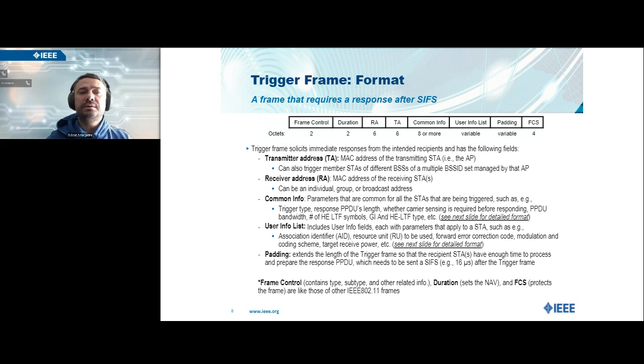In the user info list, instead, there are parameters that only apply to a certain station, and that particular station is identified by its association identifier that is contained in the user info field itself. The resource unit that needs to be used for including the PSDU within the PPDU that is being generated, and other parameters such as forward error correction code, modulation and coding schemes, the target received power expected by the access point, and so on.